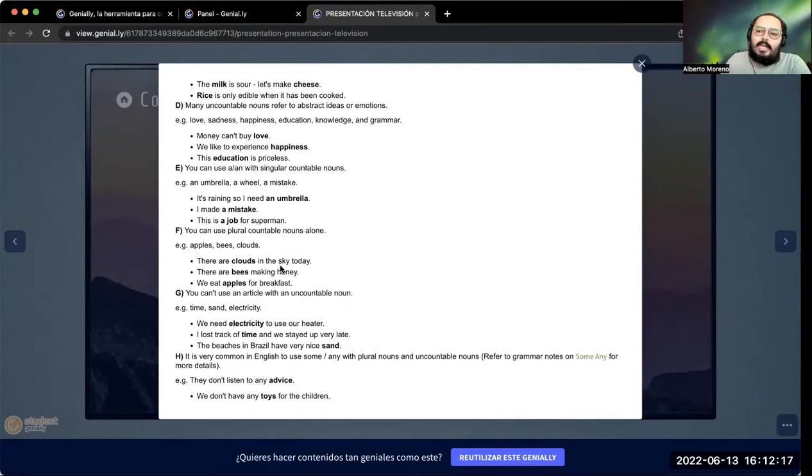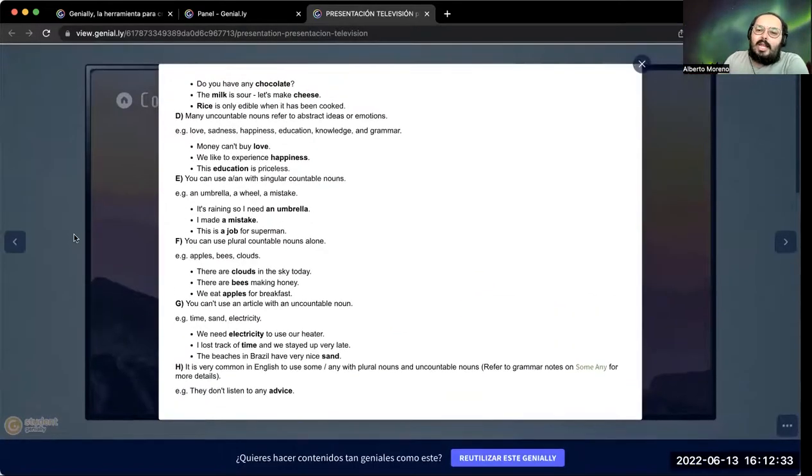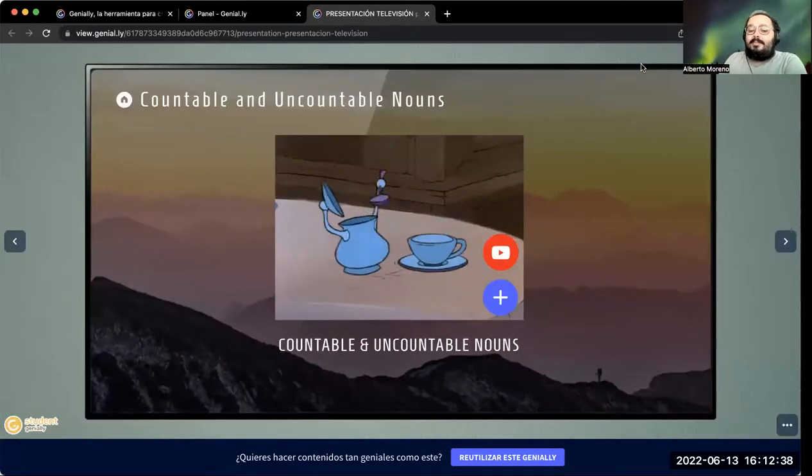Los sustantivos no contables siempre deben de llevar una unidad de medida. Bueno, no siempre, pero si utilizamos there is, solamente pueden utilizarse con there is, ¿ok? Y pues, bueno, estas son las reglas más importantes para los sustantivos contables y no contables en inglés.